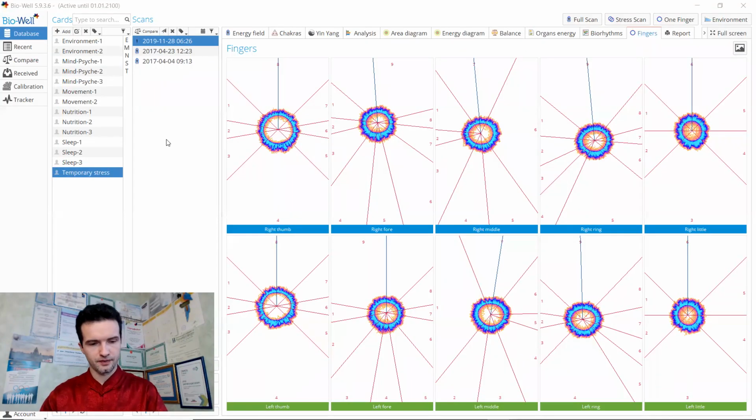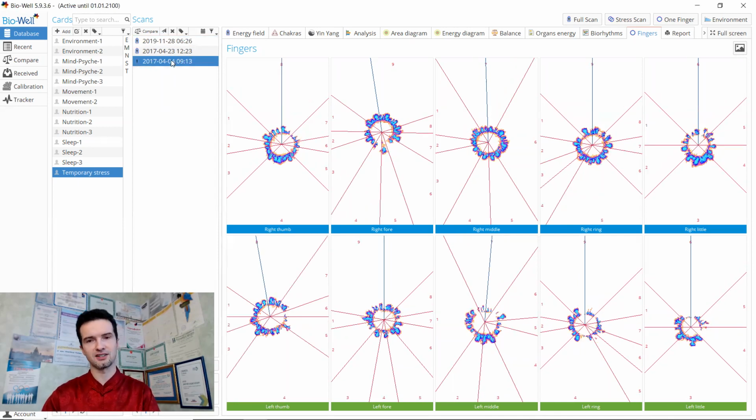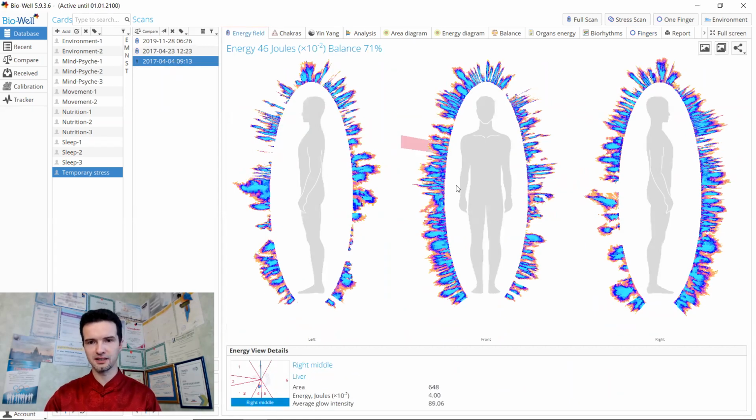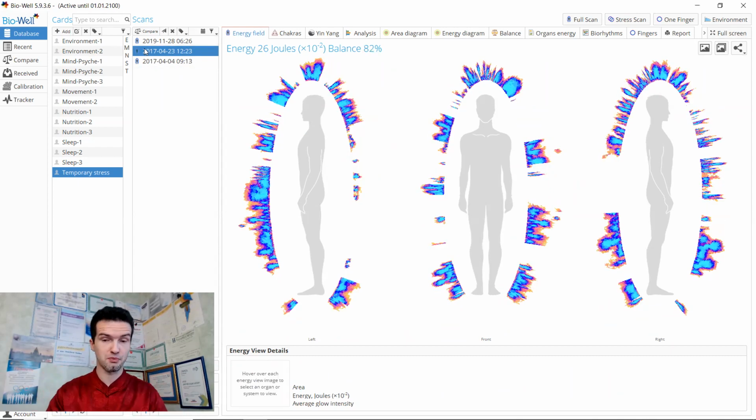So first of all, I want to stress that we are not going to talk about temporary intraday stress. If we look at these scans, as you see on this screen, this is temporary stress that, if this person sleeps well, the next day will not look like this. This is also temporary stress, of course much bigger and higher, but still temporary.